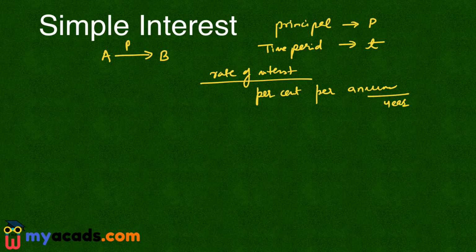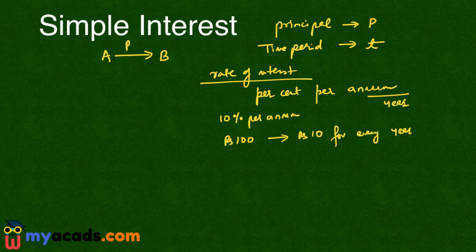So for example, if the rate of interest is given as 10% per annum, it means that for every rupees 100, the interest given is rupees 10 for every year. So in this case, let the rate of interest be R percent per annum.